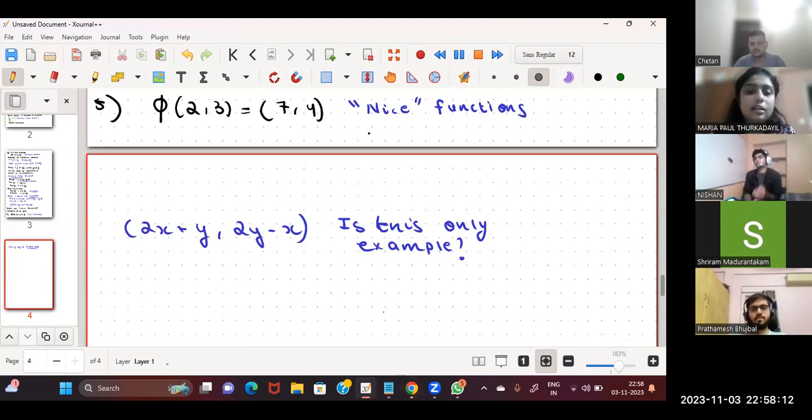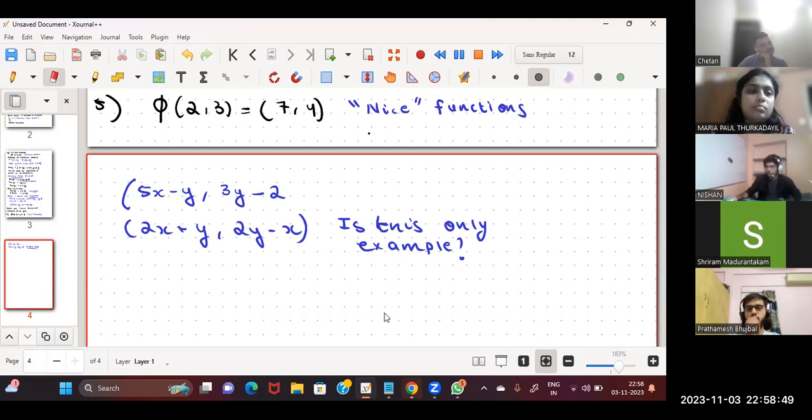Can anyone suggest another example where you get the same thing? I'll write an example maybe. Check if it's 5x minus y, comma, 3y minus 2.5x.